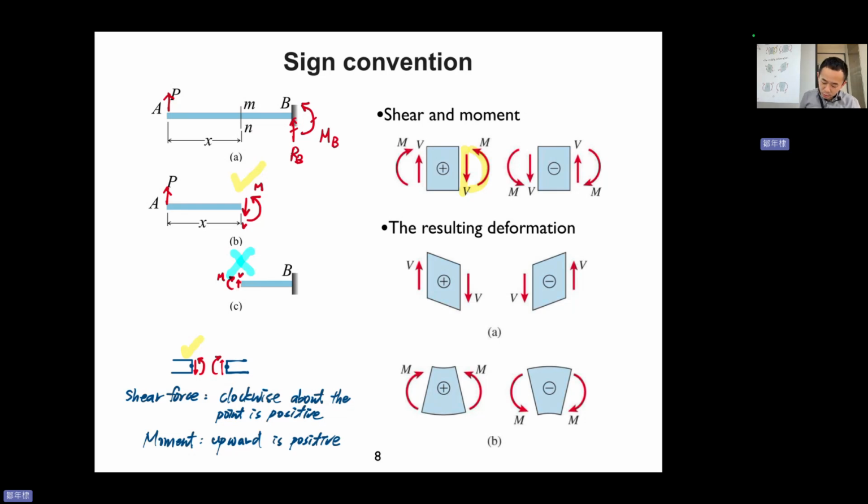You see, downward V and upward M are positive. And on the right-hand side, the V and M here are negative: V upward and downward is negative. So of course, your V here will make it become what?